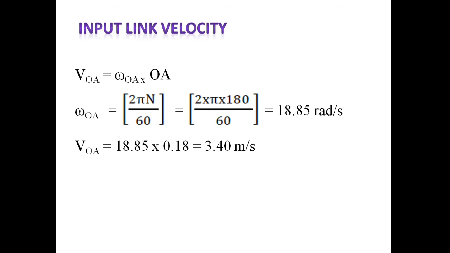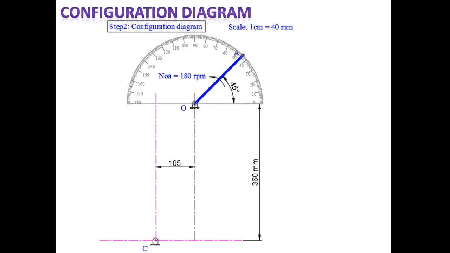Okay, let me do the velocity diagram. First of all, draw one horizontal line and mark one point on it as C. It is a fixed point. Then offset a line vertically from the horizontal line, copying the scale value of 105 from here to here.